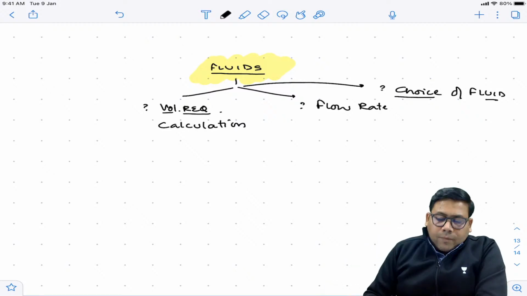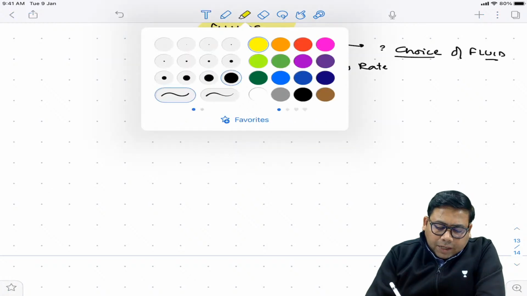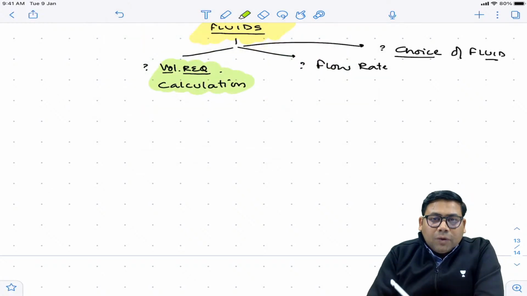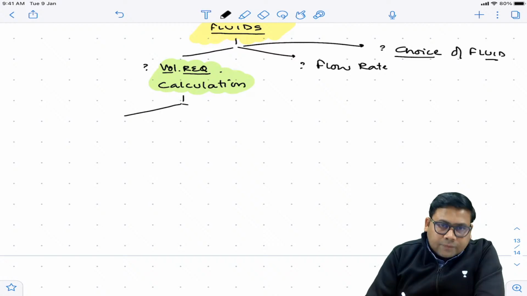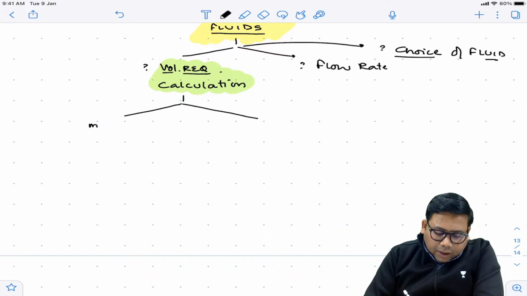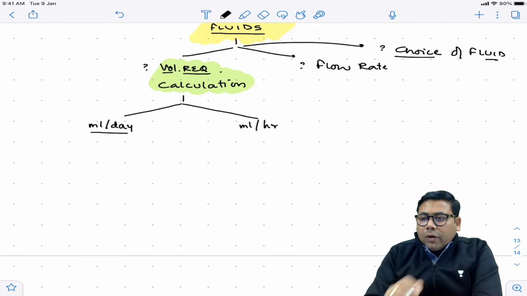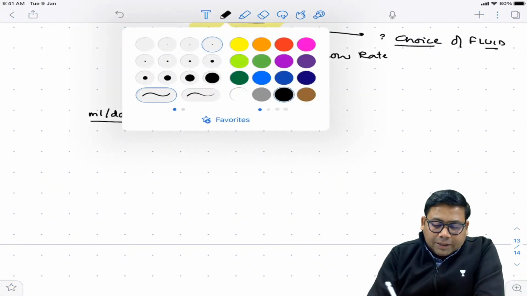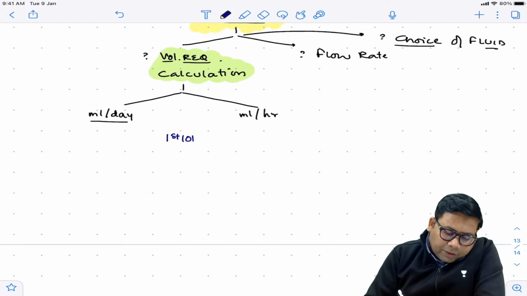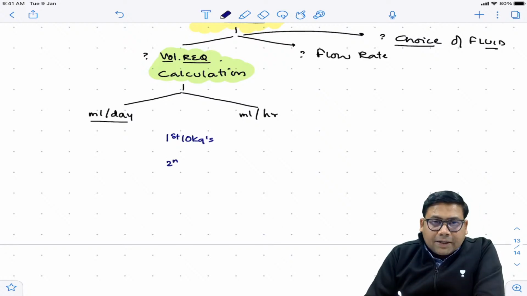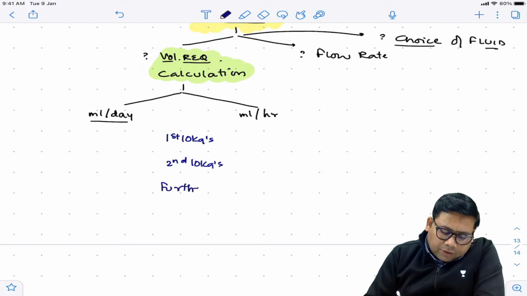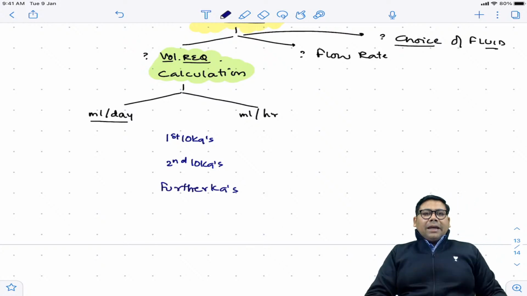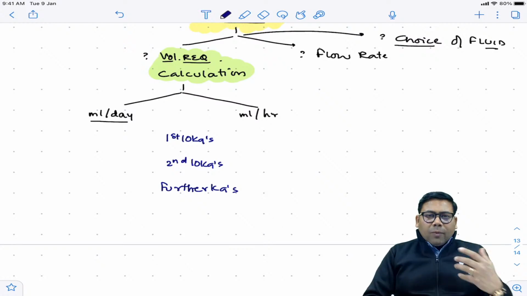When we talk about the volume requirement calculation, we have two formulas: the volume in ml per day and the volume in ml per hour. For the first 10 kgs it's different, for the second 10 kgs it's again different, and then for further kgs.